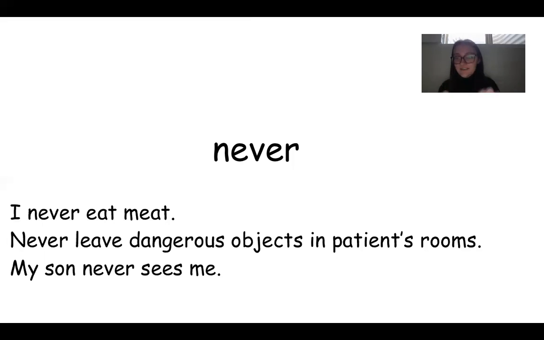That's what never means. It means do not do any time. So when we say, I never eat meat, that means every single food you eat does not have meat, and you do not eat meat at all.